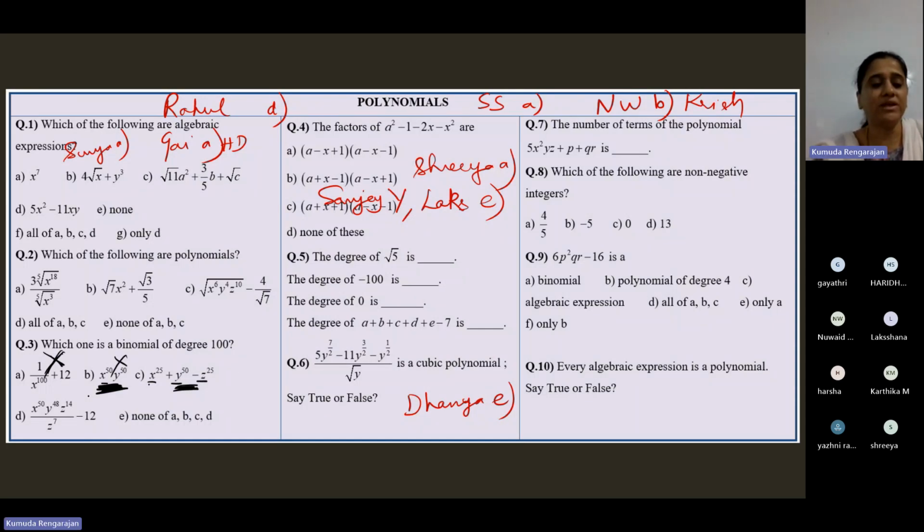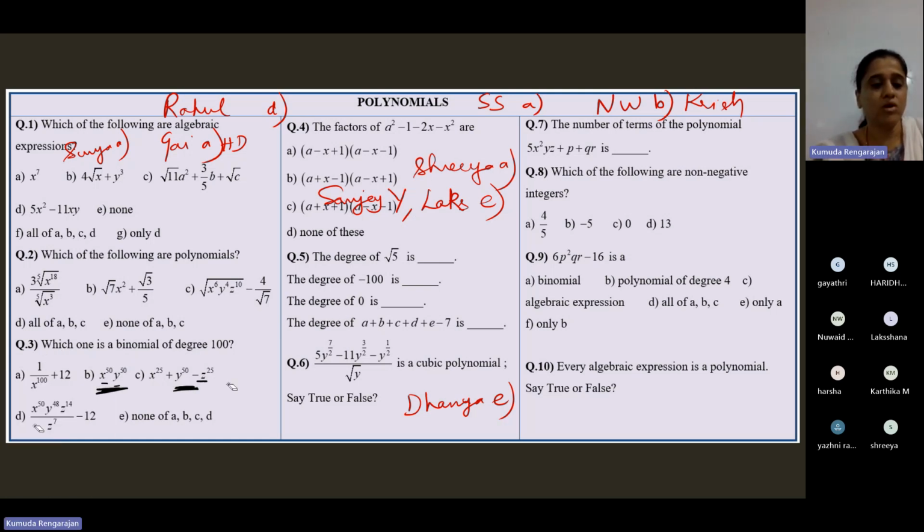X is raised to the power 25, y to the power 50, and z to the power 25. It is a polynomial, but it's a trinomial, not a binomial. And also, the degree is not 100.